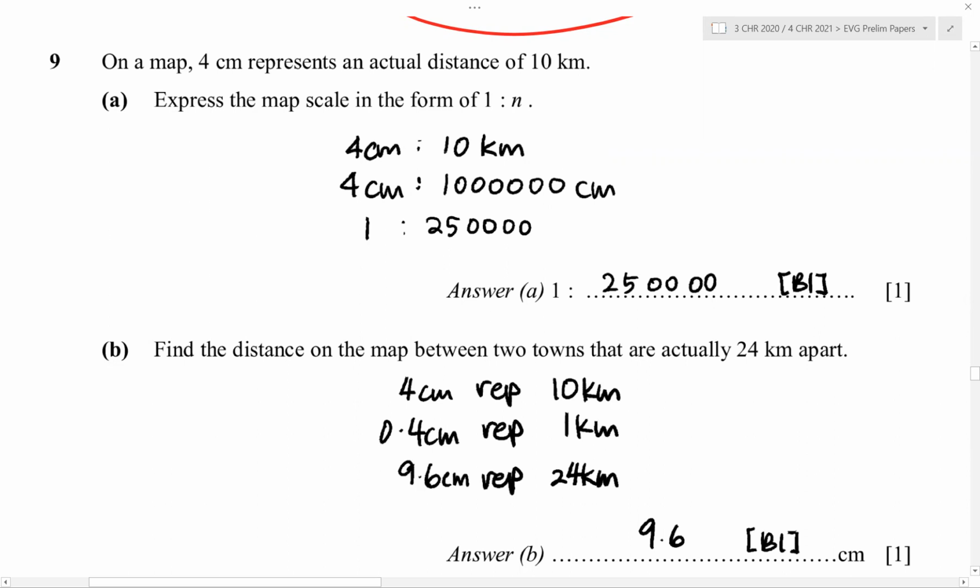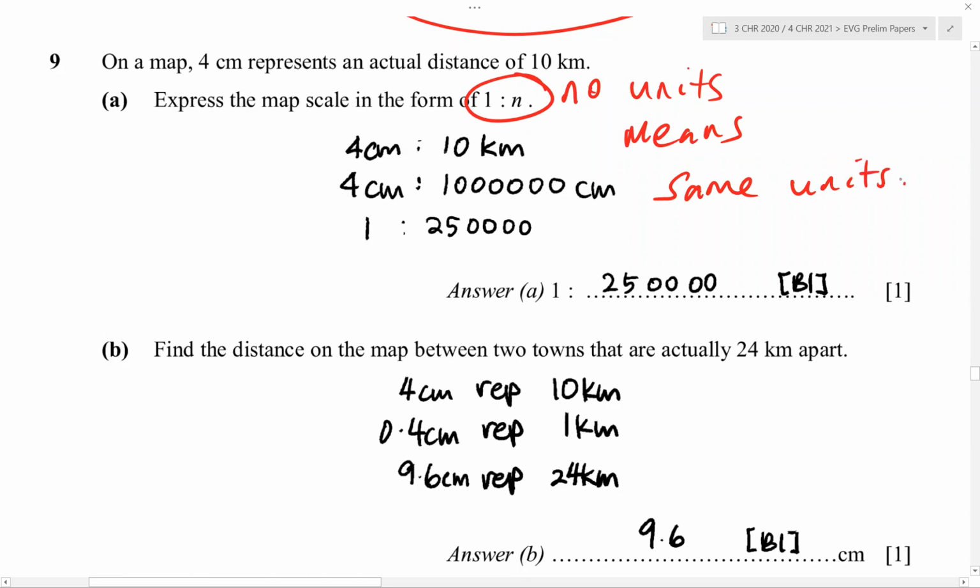All right, anybody needs explanation? Question 9. If they put m, yes. No units means same units.